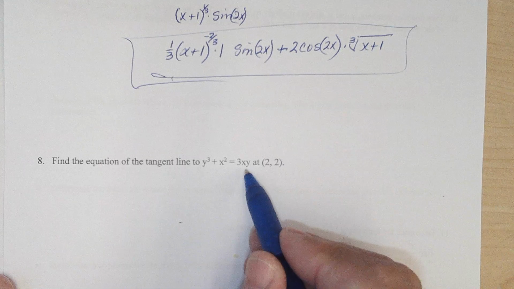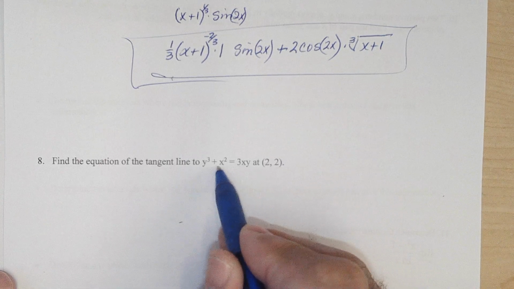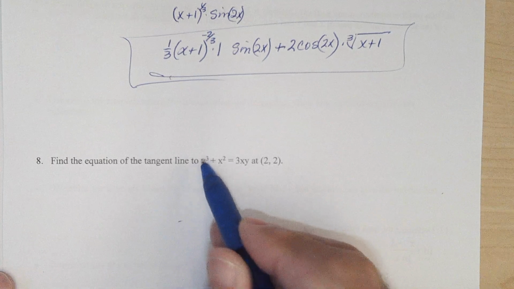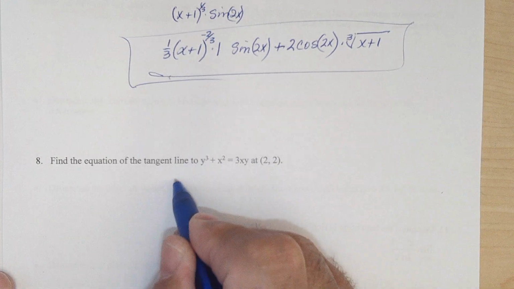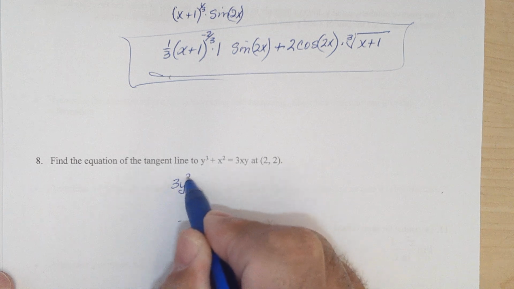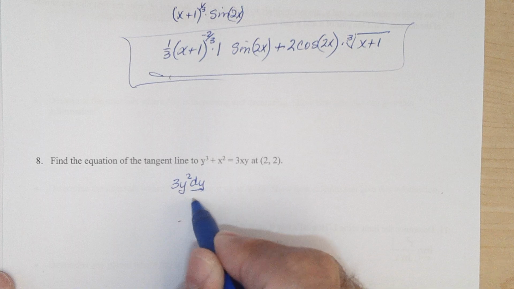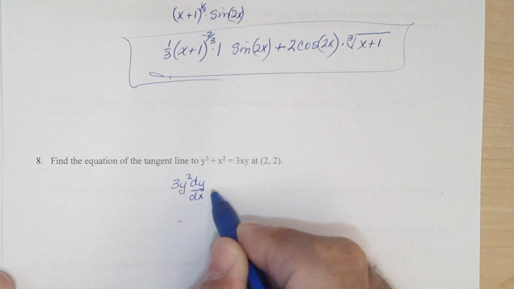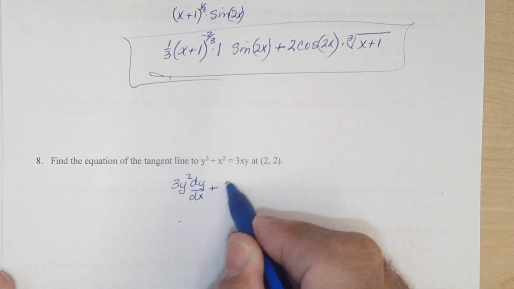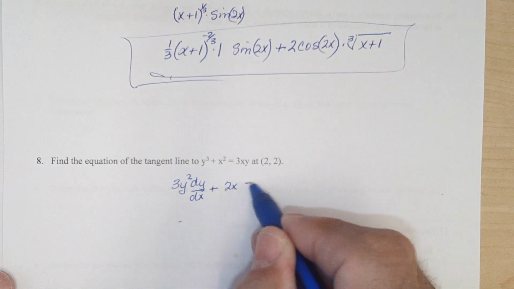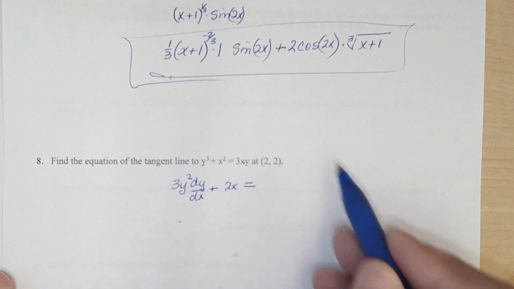Tangent line to this, so we have to do this implicitly because we can't solve for the x or for the y. So the derivative of y to the third is 3y squared. Since it's not x, it's dy dx, plus x squared is 2x dx, which is 1, so I don't need it. And this is a product.